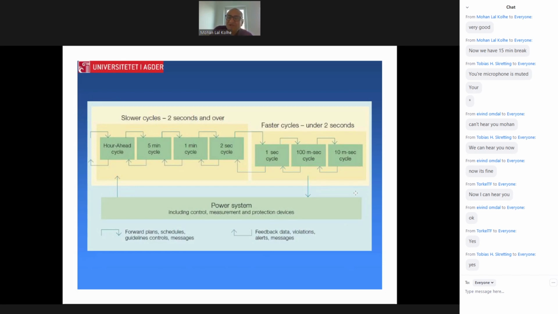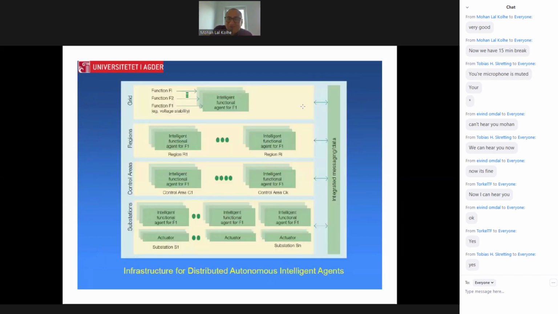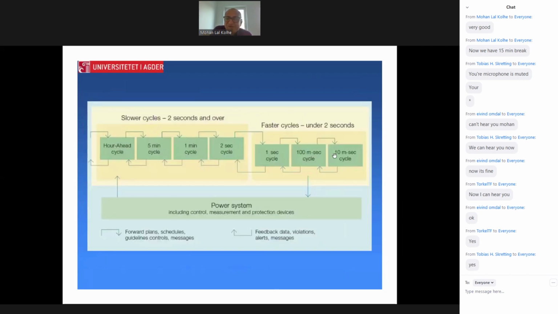The 10 millisecond cycle is quite a short period of time. Within that short period, the frequency deviation and how the stored kinetic energy of conventional generation is going to be used, those points come in this 10 millisecond cycle.